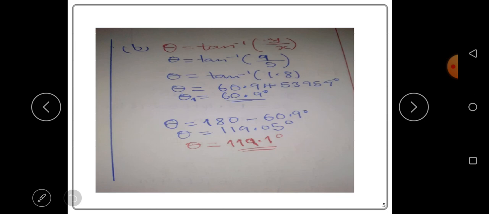When we write this to 4 significant figures, we get theta to be 119.1 degrees. This becomes the direction with respect to the positive x-axis. Always when you're dealing with vectors, you are advised to use the positive axis as your reference point.